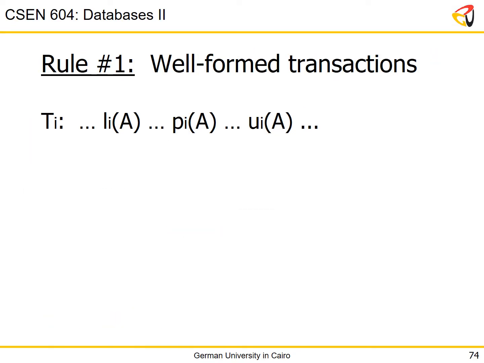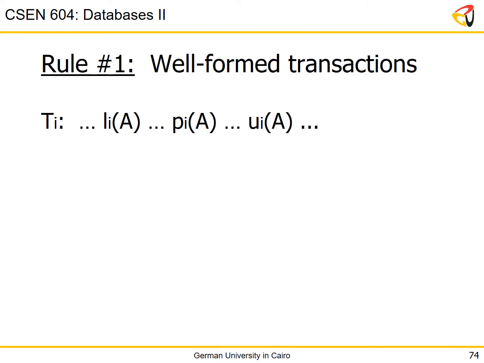So we will set some rules. First of all, we are talking about well-formed transactions, which means the insertion of the locking request and the subsequent unlocking request or function call is done properly by the scheduler. So if a transaction I requests a lock on a resource, either it gets it or it gets blocked.